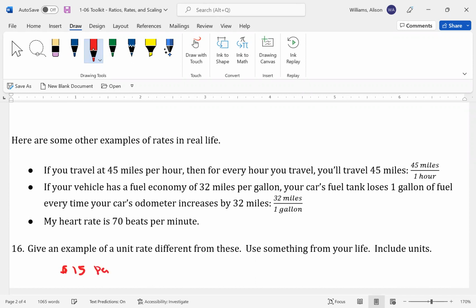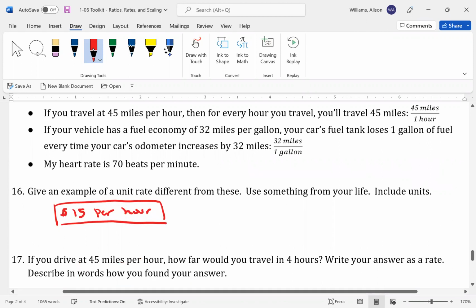That sounds reasonable. That would be a unit rate. Now, since I'm not going to see your paper, you could write whatever it is you make per hour, but that could be an example of a unit rate. There's other examples you could talk about, like your heart rate, right? Or something along those lines.